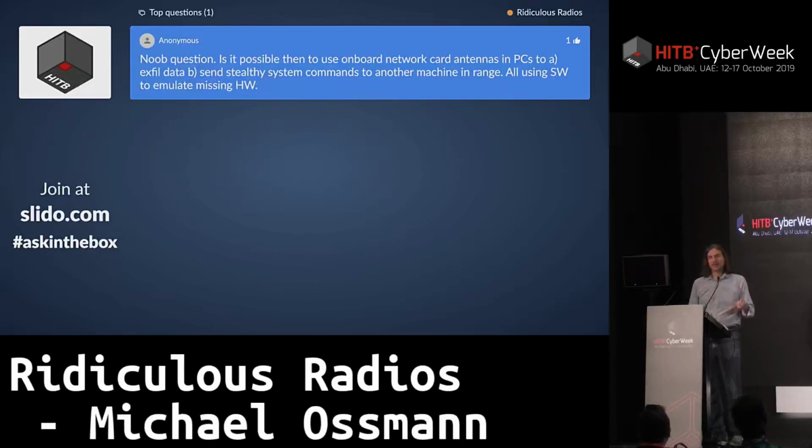Now, if the antenna is not connected to anything, because it has an antenna in it, but it doesn't actually have the Bluetooth chip or something like that, you probably would not have any way to control that over software, I'm guessing.